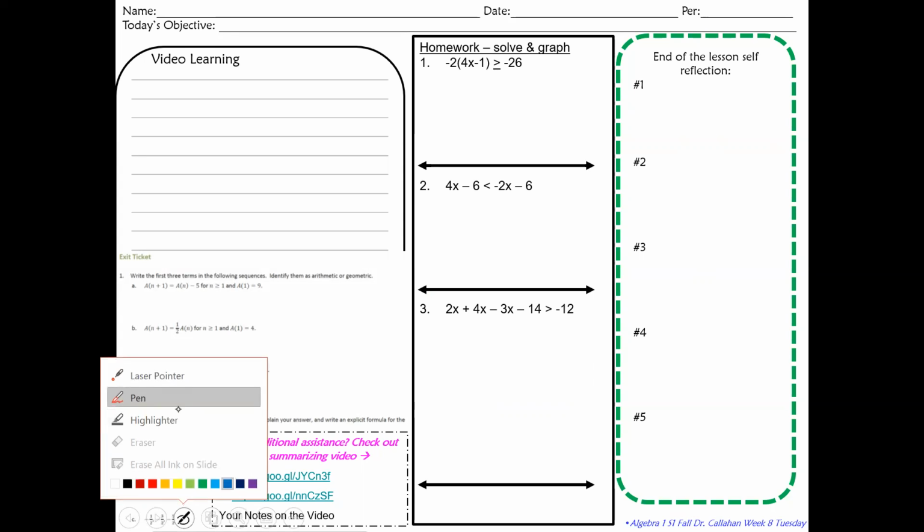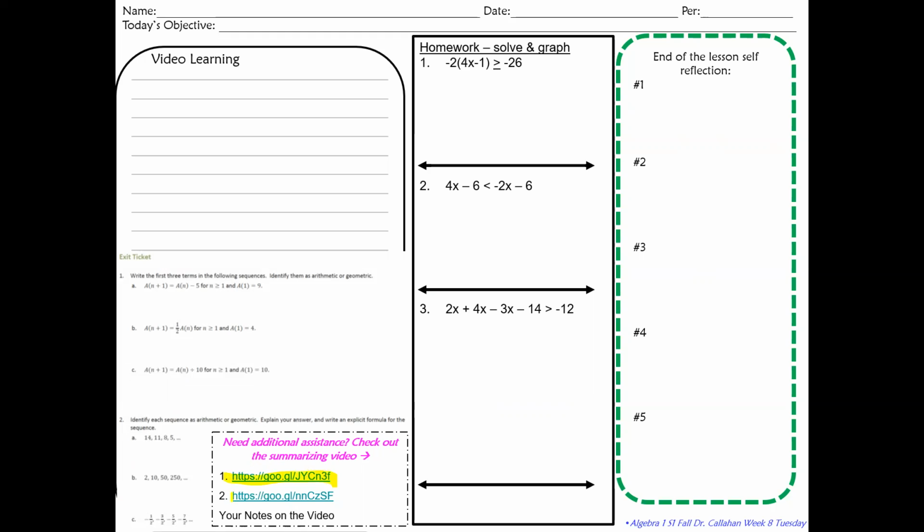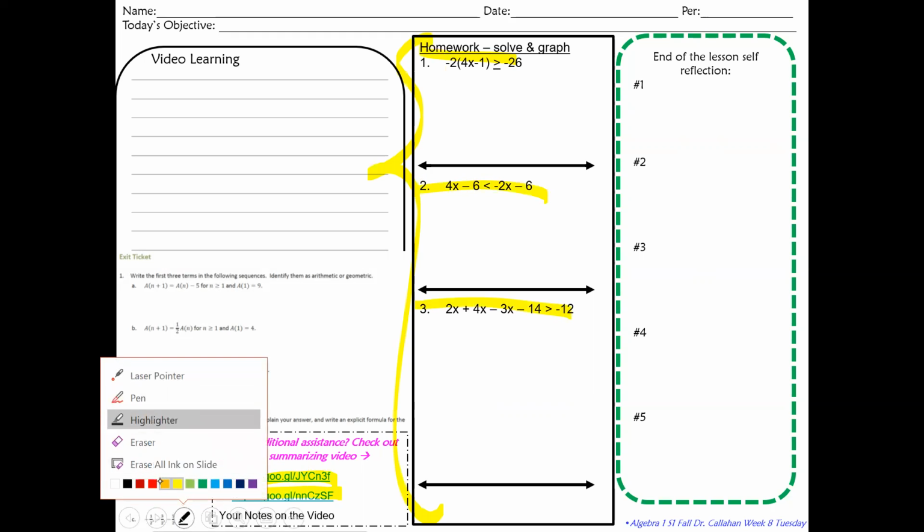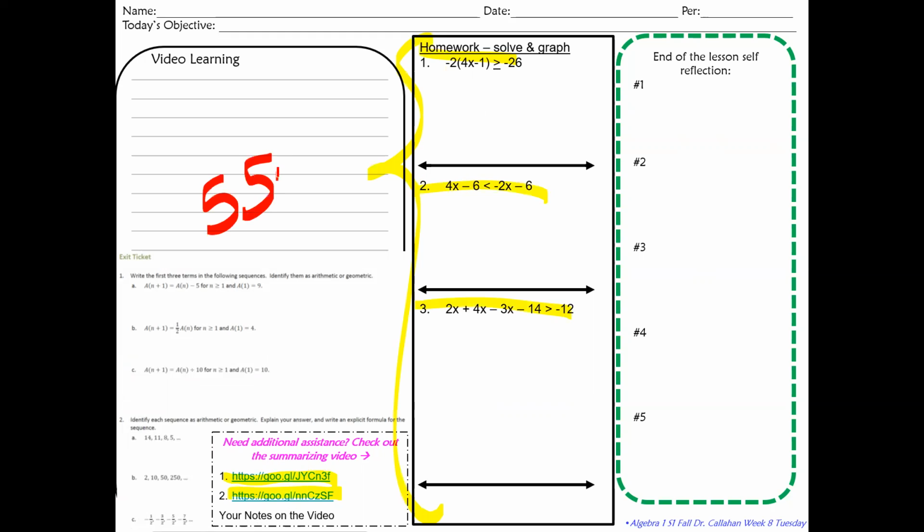If you need some additional videos to kind of clarify this, I do have other videos right here. And then your homework is to go ahead and complete these 3 questions. Keep in mind that your class is always 55 minutes, even though you're at home, but make sure you guys are using this time wisely to fill out the pages of your white packet.